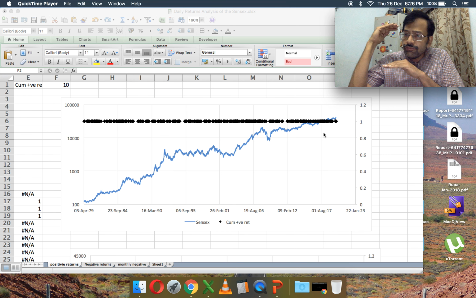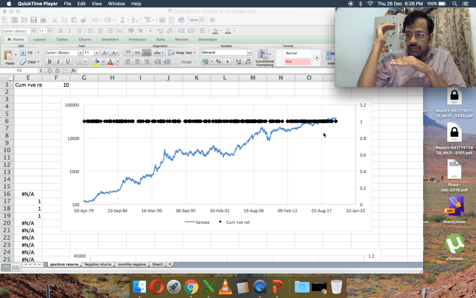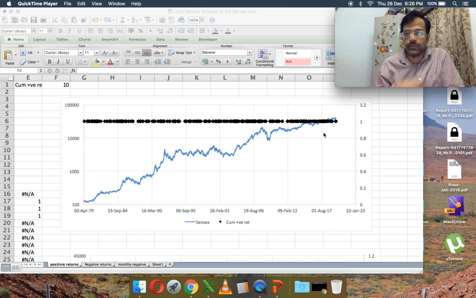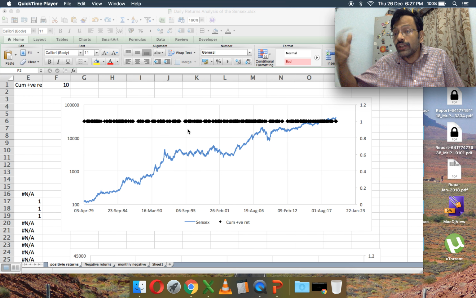So if I take any 14 business days, how many times within that period were the Sensex returns positive? I have set the number at 10. So those black dots tell you the number of times over a two-week trading window, the daily returns in that window were positive.